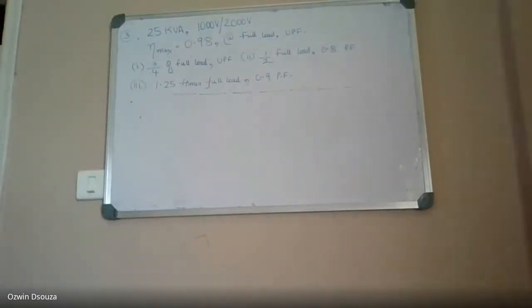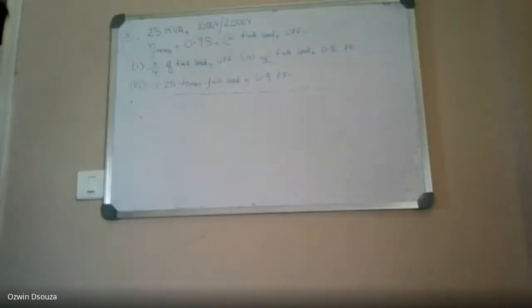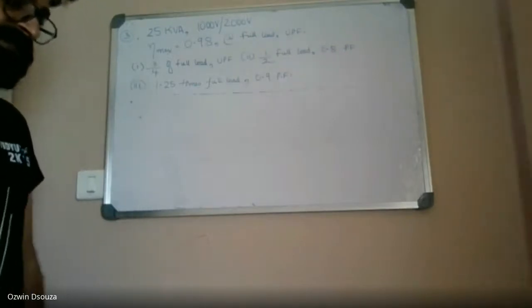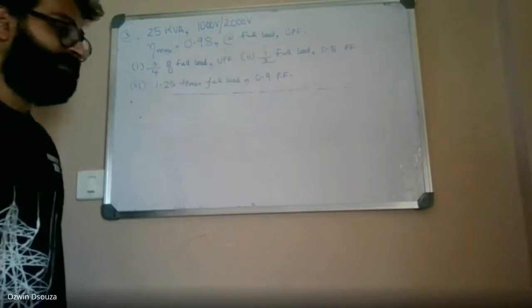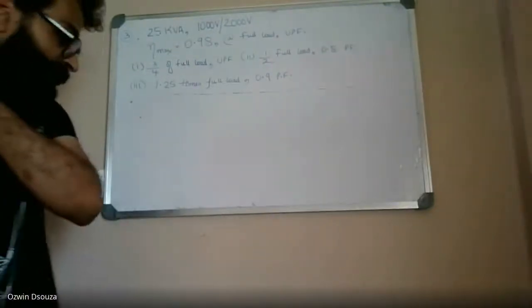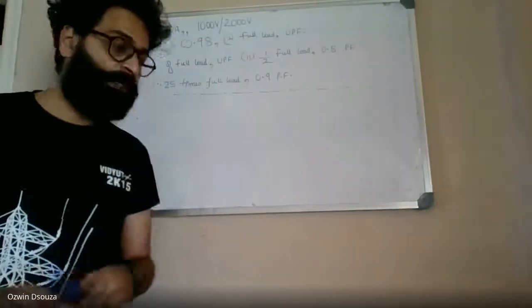Pretty lengthy it is because you need to handle the three parts. Correct. Right. So how do you solve this? One thing we have understood from our past problem solving experience is that in order to determine the efficiency, you should have the details about the loss components, as in iron loss and copper loss.